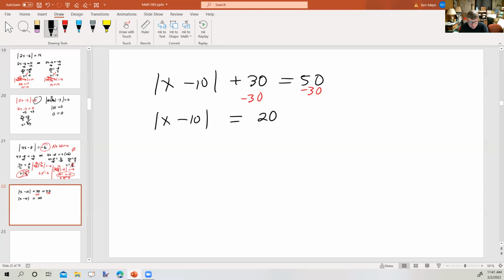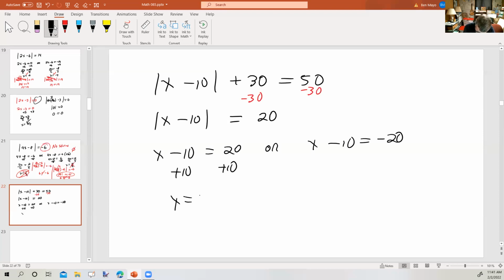Now that I've isolated the absolute value, I have x minus 10 equals 20, or x minus 10 could equal the opposite of 20, or negative 20. Solving each individual equation, the first one, we'll add 10 to both sides, x is 30. The second one, we'll add 10 to both sides, x is negative 10.